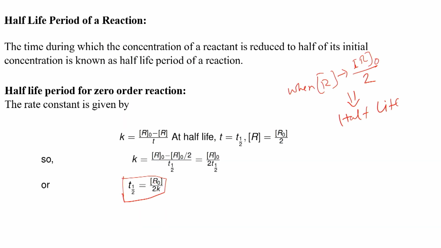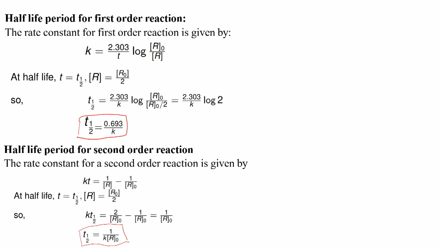Here t half is directly proportional to the initial concentration of the reactant, but this is for the zeroth order. For the first order, t half does not depend on the initial concentration of the reactant, whereas for the second order reaction, it is inversely proportional to the initial concentration of the reactant.